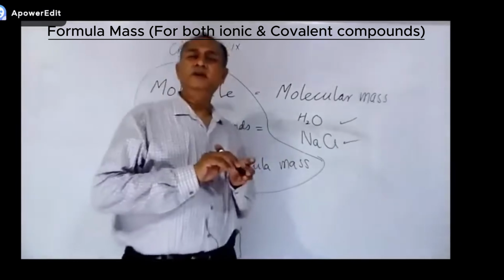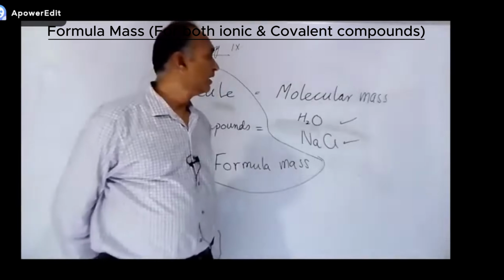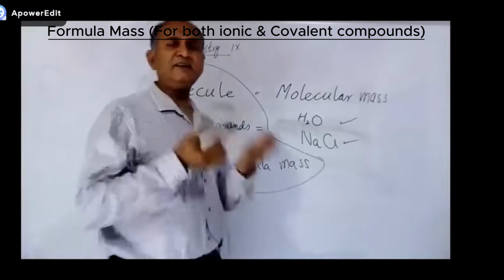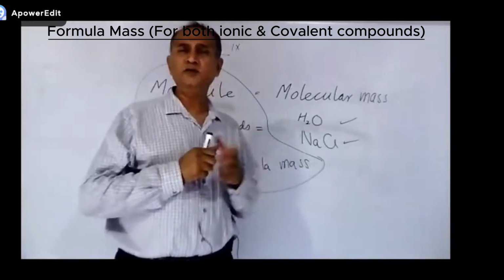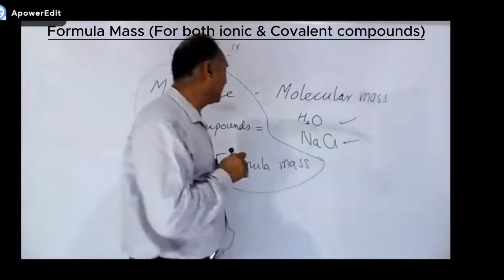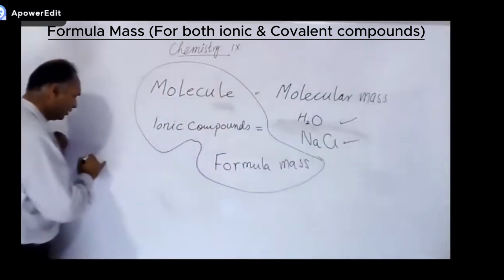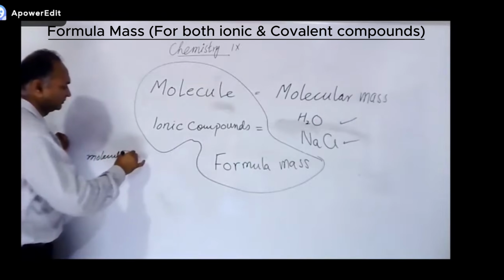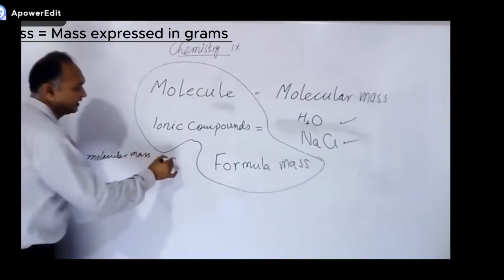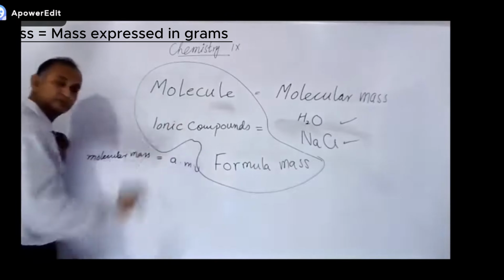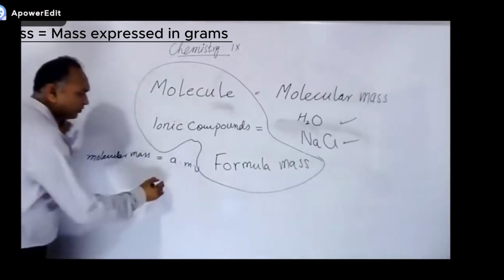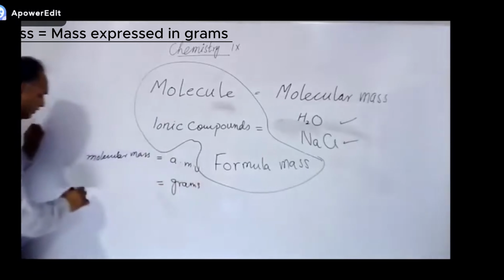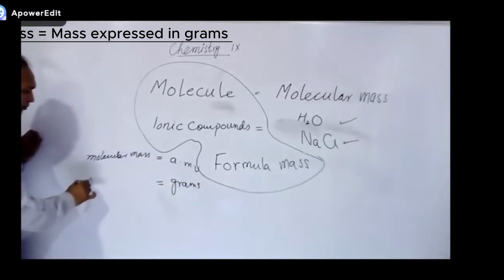So somewhere you will see molecular mass. Now the point: whenever it is asked to find molecular mass, you will write the answer in AMU. For molecular mass, the answer is in AMU. But if you don't write AMU and you write grams, then it will be called molar mass.